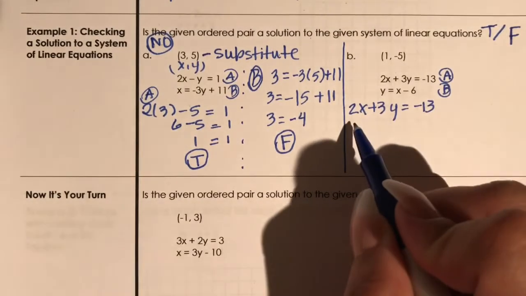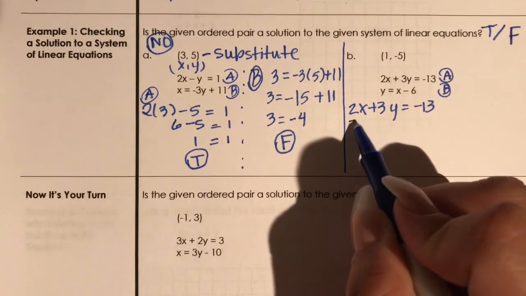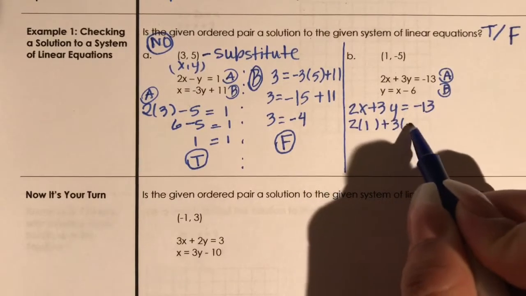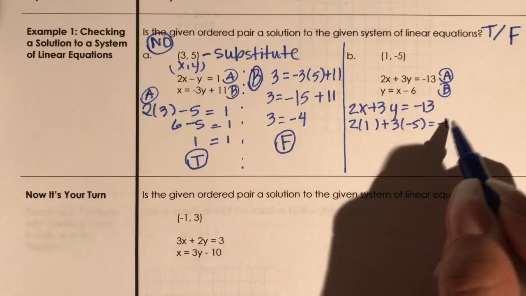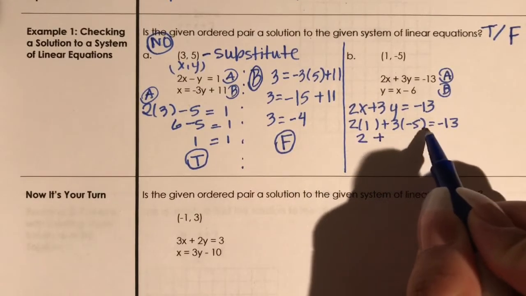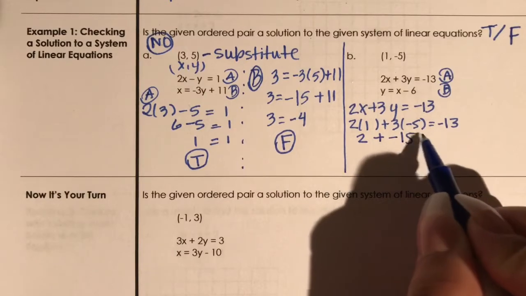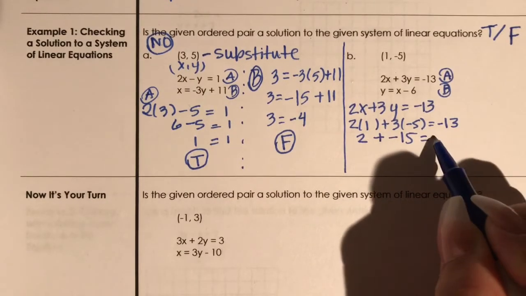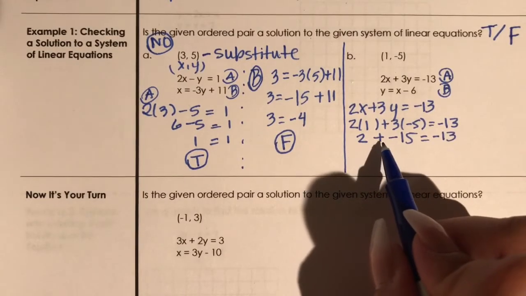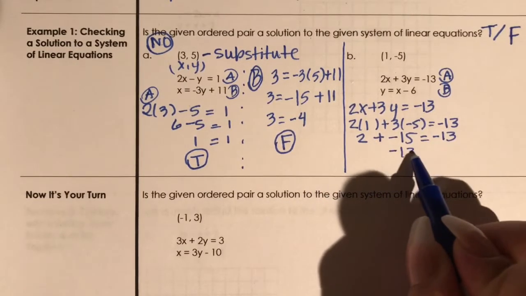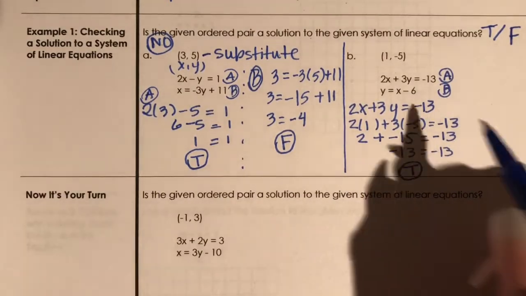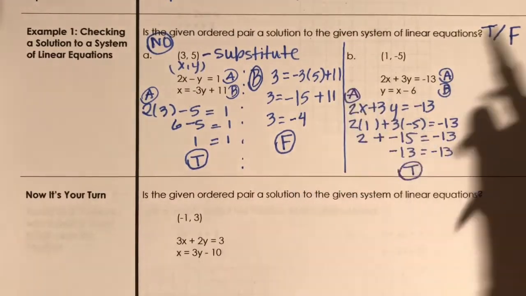Substitute the 1 and the -5 for x and y, so that's going to be 2 times 1 plus 3 times -5 equals -13. 2 times 1 is 2, plus 3 times -5 equals -15. Combine like terms, 2 plus -15 is -13, equals -13, and that is true. And that's for equation A.